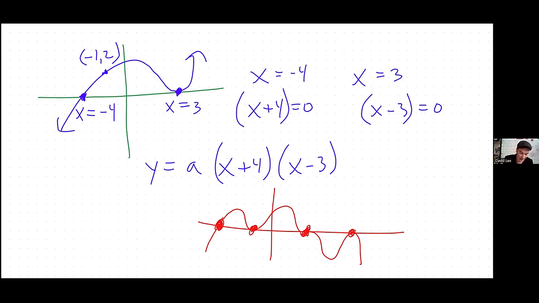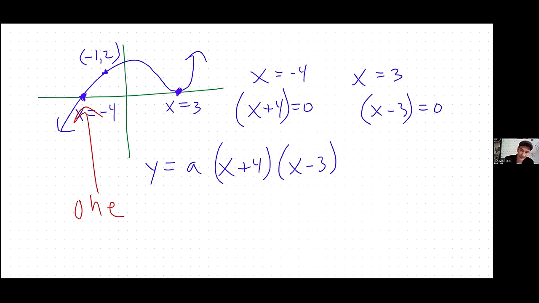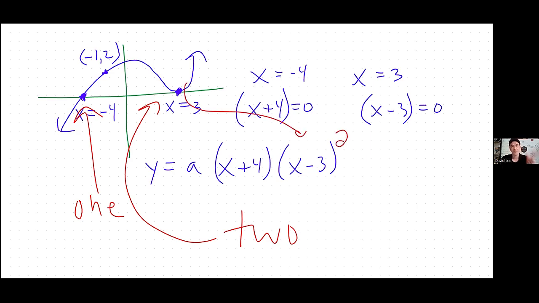So based on our graph up here, do we have multiplicities 1s, 2s, and 3s? What's going on? So this one here, that looks like a multiplicity 1, but this one there, because it bounces, because it deflects off the x-axis, that looked like a multiplicity of 2, which means that its factor requires an exponent of 2.